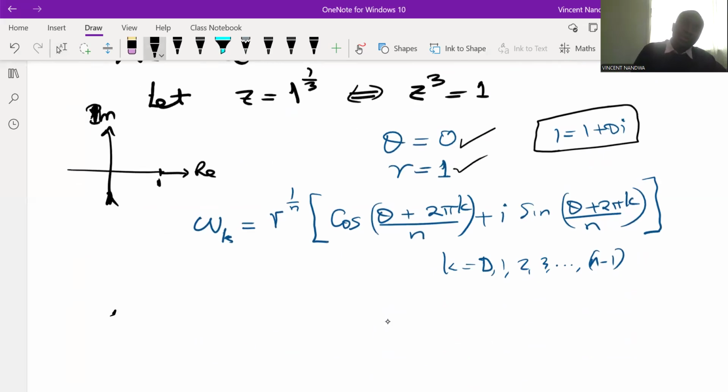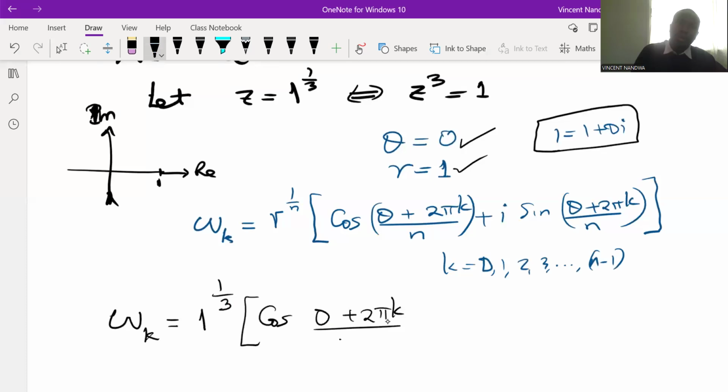So we'll have w sub k, r is 1, so we'll have 1 power 1 over 3 times cos of 0 plus 2 pi k over 3, plus i sine of 0 plus 2 pi k over 3.